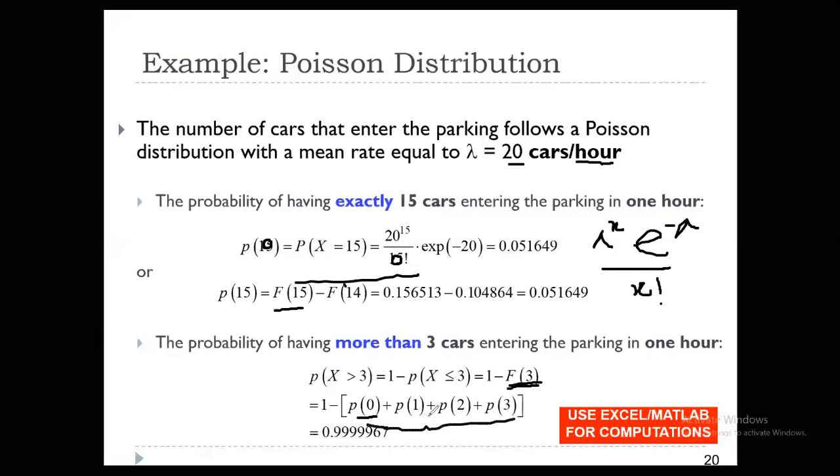That will also give you the CDF. It's going to be the same thing. Then once you combine, you subtract from 1 to give you the probability of observing more than 3 cars entering the parking area in 1 hour.